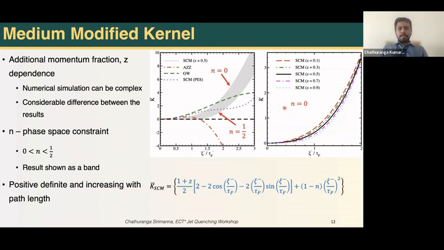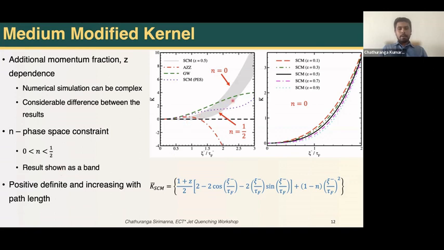Here we use n equals 0 for convenience, and here n is the phase space constraint that I explained in the previous slide. Here n can range from 0 to half, depending on the strength of the correlation. Because of that, we show our result as a band.